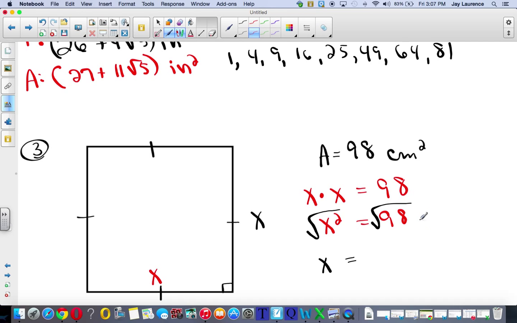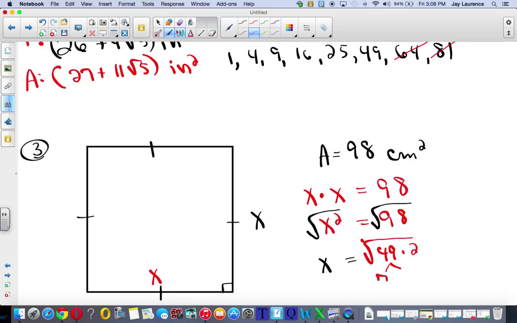That's not what I'm going to do. So 81, does it go into 98 evenly? No. 64 does not. 49, I think it does. Yeah, I think it's going to go in twice. Yeah, it is. So this is really the square root of 49 times 2.